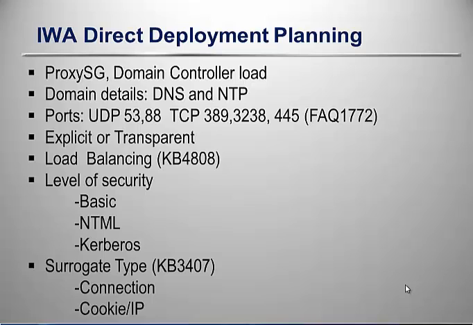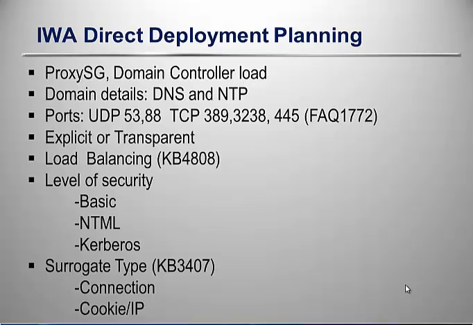Some other information that you're going to need: details about the domain we're going to be joining. The proxy should be configured to use DNS and NTP, similar to your other domain members. In the case of IWA Direct, we will be joining the domain, so we want to make sure that we can reach out to DNS and that there are no time sync issues.